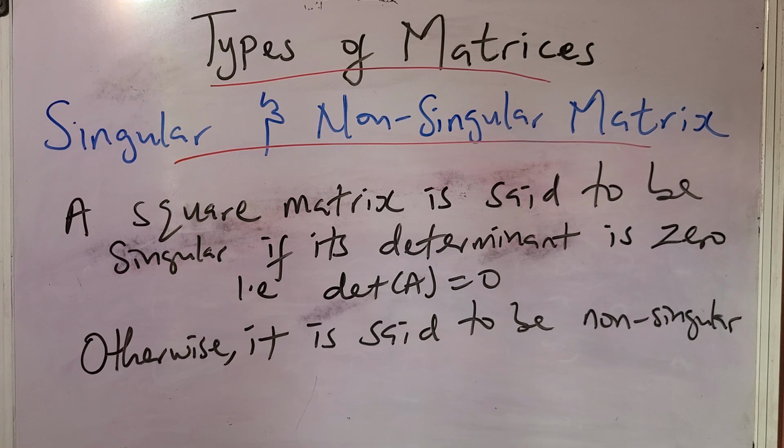And if it's not 0, then it's non-singular. When you hear the phrase non-singular matrix, that's basically telling you that the determinant of this matrix is not 0. But if they tell you that a matrix is singular, all they are telling you is that its determinant was 0.